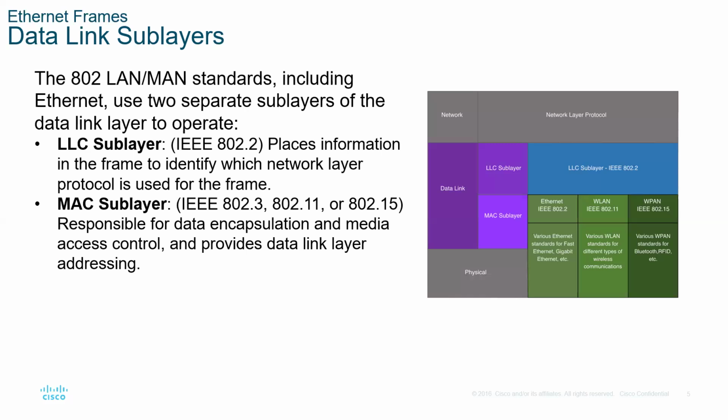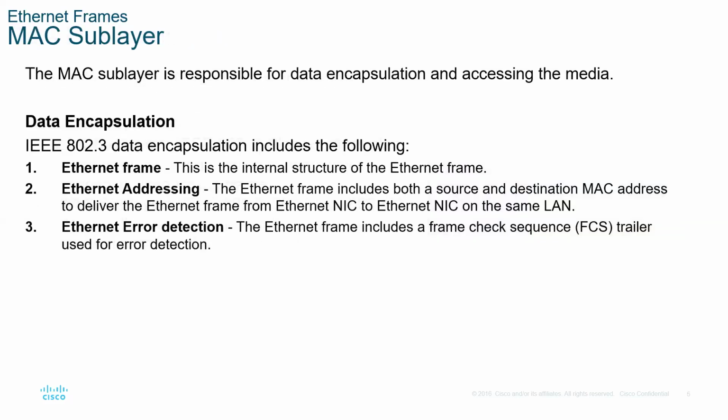The MAC layer is responsible for data encapsulation, media access control, and data link layer addressing. So the sublayer which is responsible for data framing, that's the MAC sublayer. Two of those sublayers, we continue. The MAC sublayer is responsible for data encapsulation and accessing the media.